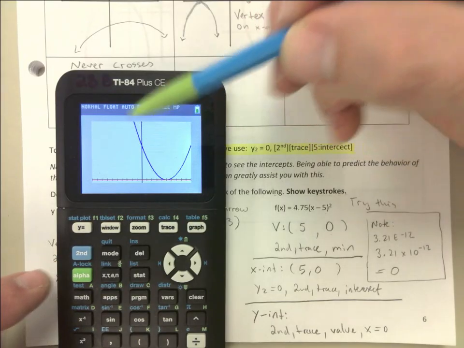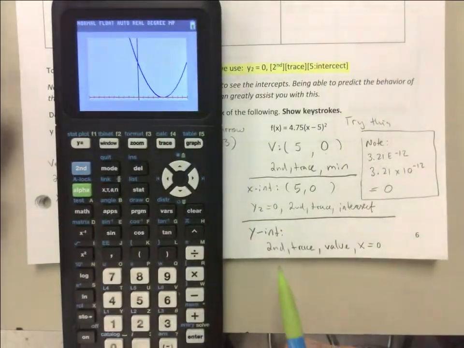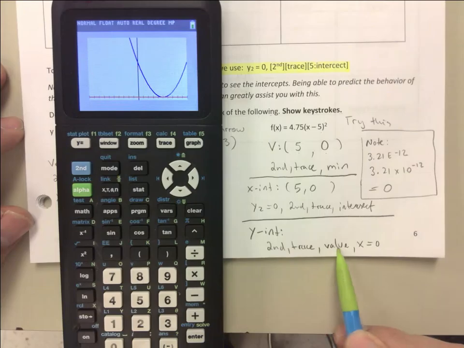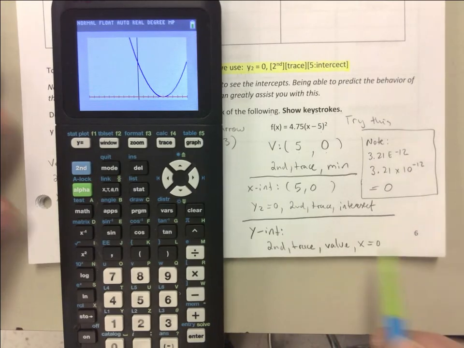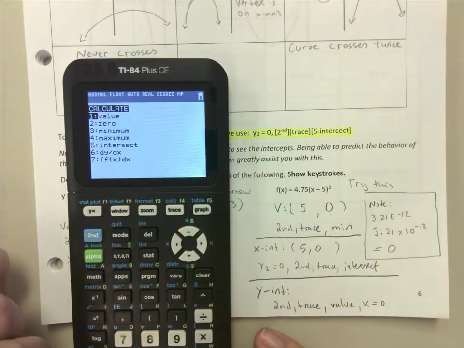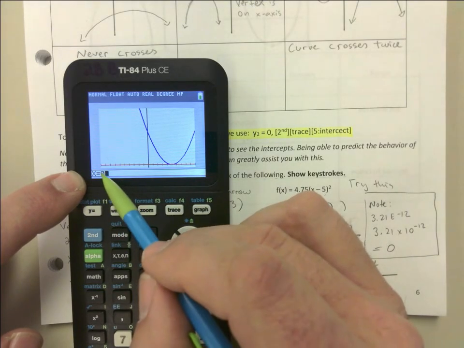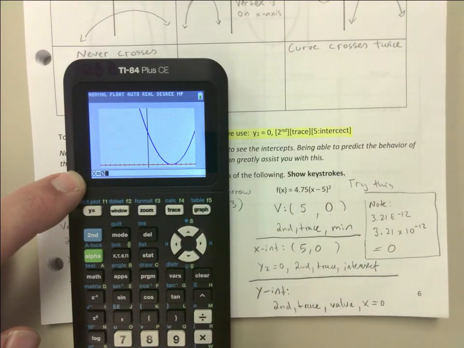Perfect. Now we're going to press these buttons that I just told you to press. We're going to go second, trace, value, and let x equal to 0. So you actually have to type in 0 here. Type in 0 and then hit enter.